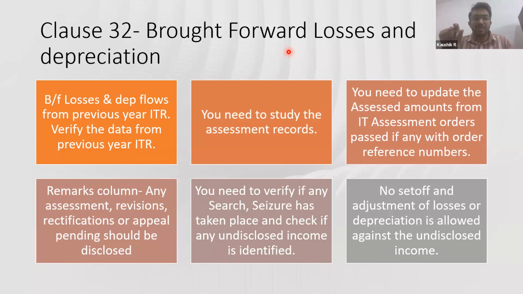They'll try to match all the numbers. If what we have filed is equal to what the department has assessed, then there is no problem, and the assessed amounts will be equal to the returned amounts. Suppose it is not equal, then we have to give the amount which the department has assessed in the next column.